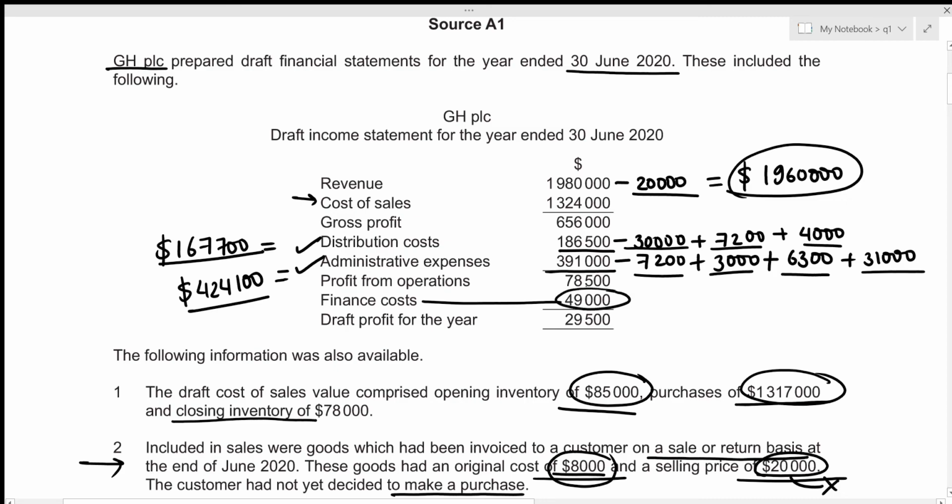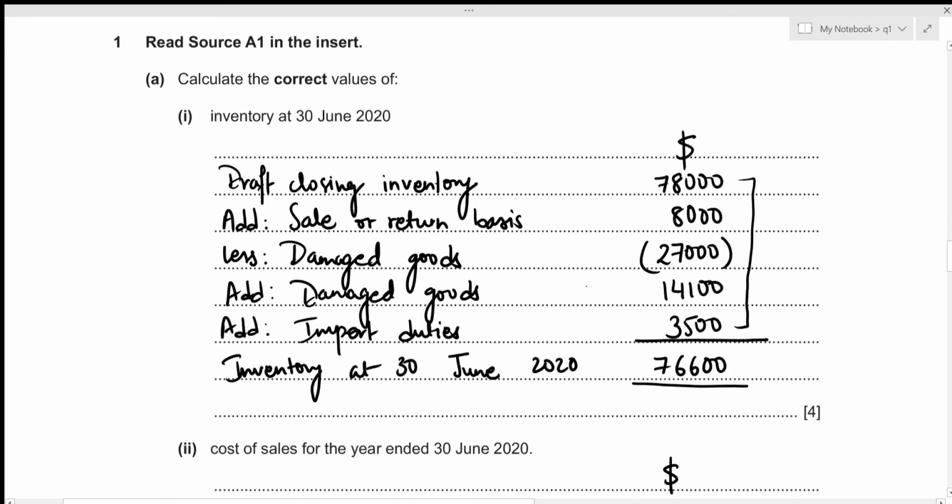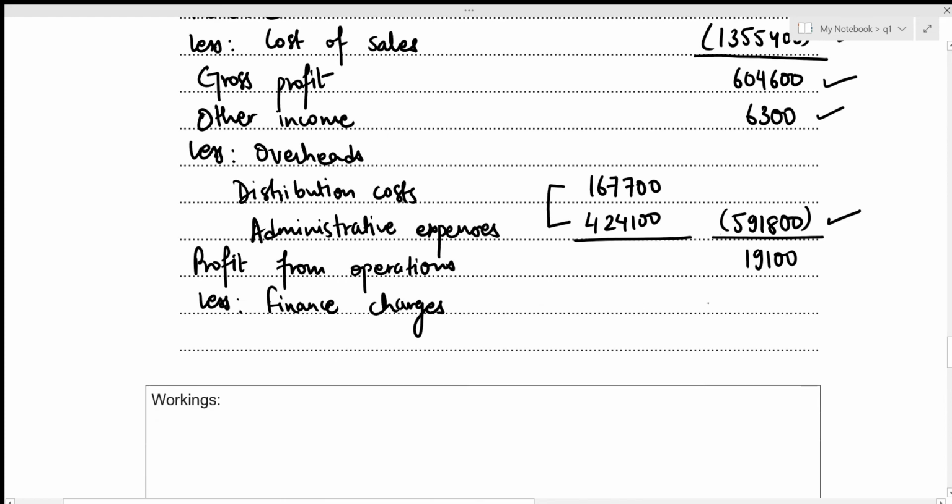So let's substitute this value. That's 49,000. So we can clearly see that our finance charges is greater than profit from operations, which means that there will be a loss for the year. And that is the sum of these two values, which is 19,100 minus 49,000, which results in the negative value of 29,900.